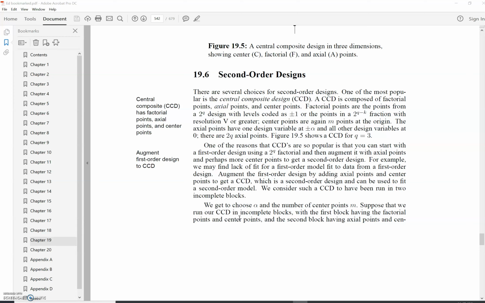So the factorial points are those points from the design that are coded as plus or minus 1, and we're going to go with resolution 5 or greater on these. The axial points have one design variable at plus or minus some alpha, and this is a value that comes from a theoretical model, I guess is the best way to say that.